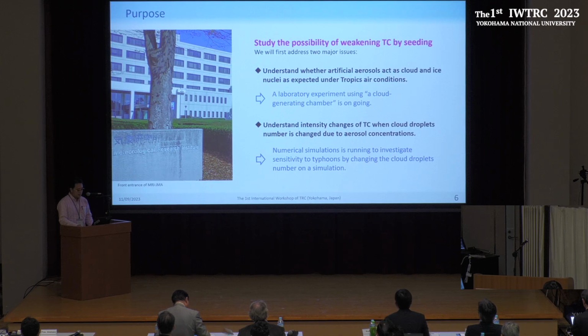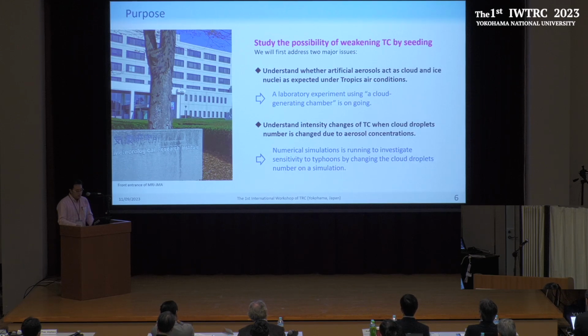For this, we are now addressing two major issues. One is understanding whether artificial aerosols act as cloud and ice nuclei as expected under the tropical air condition. Because we have some experience for the seeding in the mid-latitude condition, but we don't know about the details for the tropical air conditions.